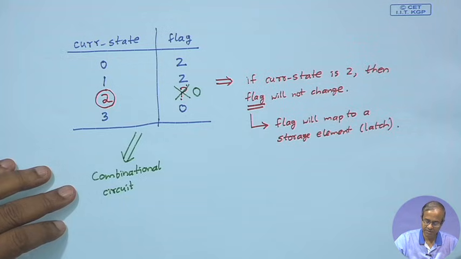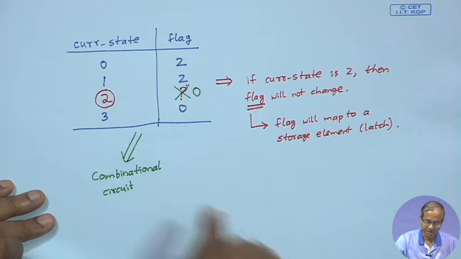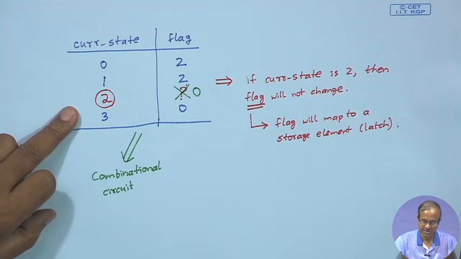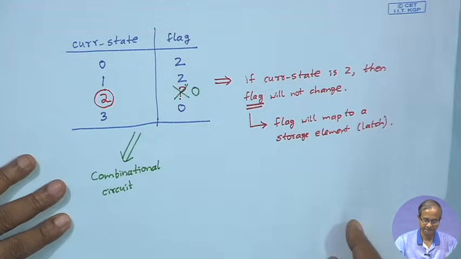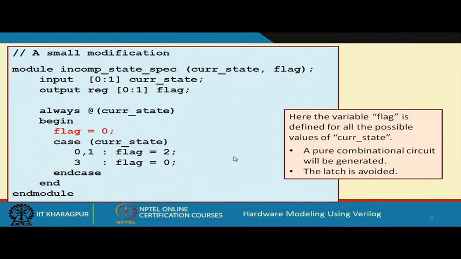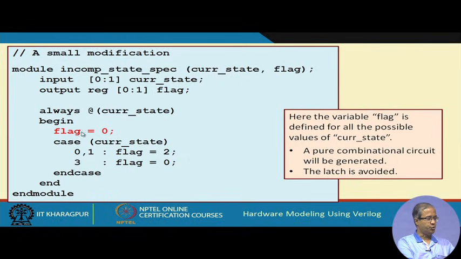So, as a designer it will be your responsibility to write these specifications in such a way that a latch is not generated unnecessarily, unless you explicitly want it to be generated. Okay? Fine. Okay. So, here as I said, by doing this the variable flag is getting defined for all possible values of current state, which implies that a pure combinational circuit will be generated by the synthesis tool and the latch as in the previous example will be avoided. Okay.